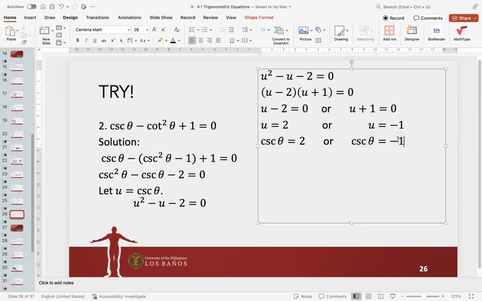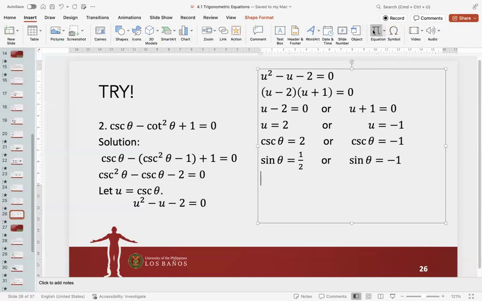So let's just use the sine function. If we change cosecant to sine, then we need to get the reciprocal of their values. So the reciprocal of 2 is 1/2. Or, again, the reciprocal of negative 1 is still negative 1. Okay? So we have this. So with this, I think it's easier to solve.